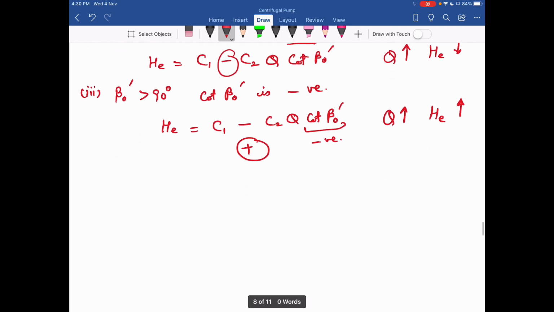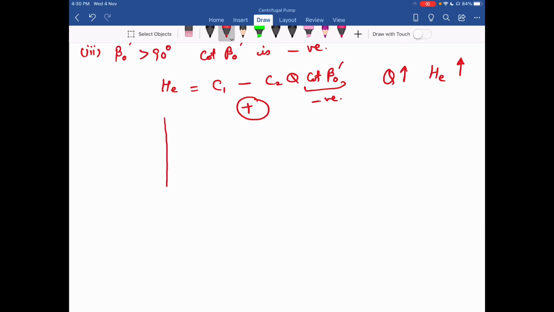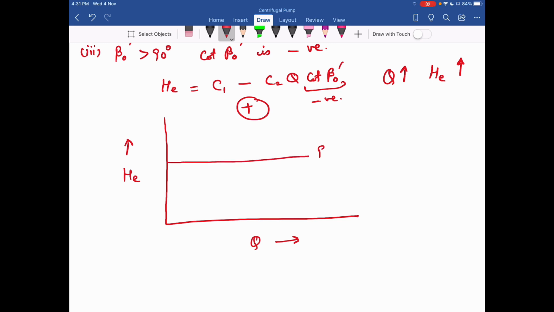Now if I try to plot this, on this side I have Q, on this side I have Euler head. You can see it is a straight line when beta_o dash is equal to 90 degree. This is sloping down when beta_o dash is less than 90 degree, and it is sloping up when beta_o dash is greater than 90 degree.